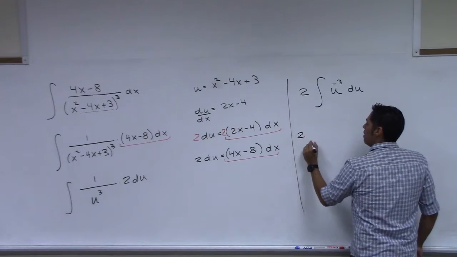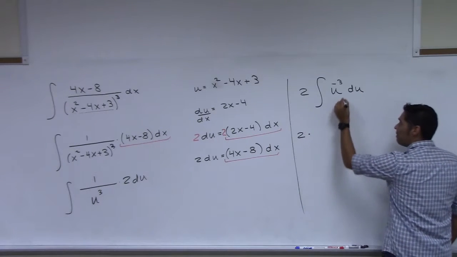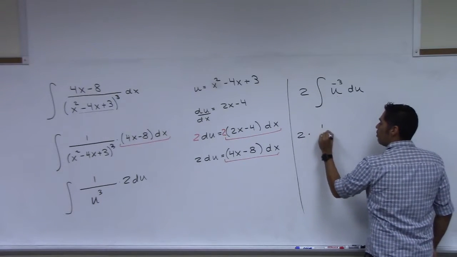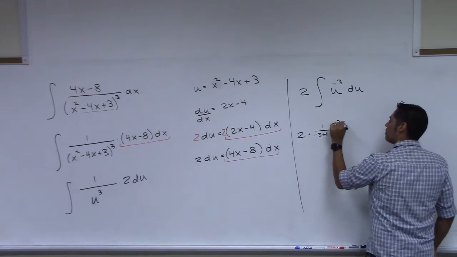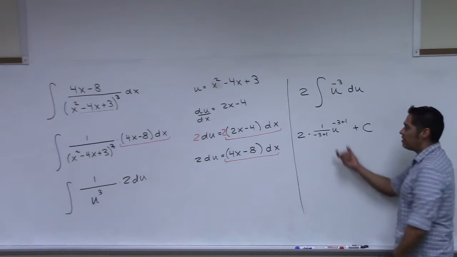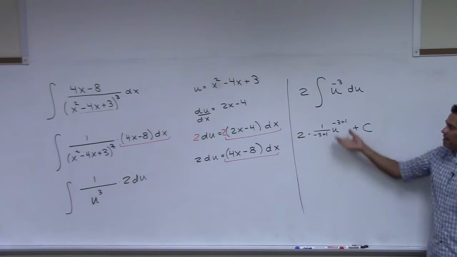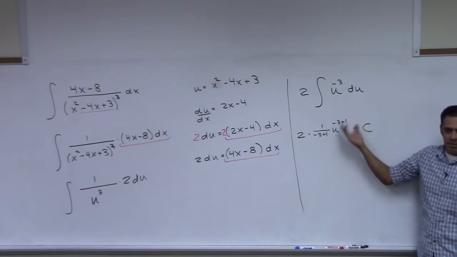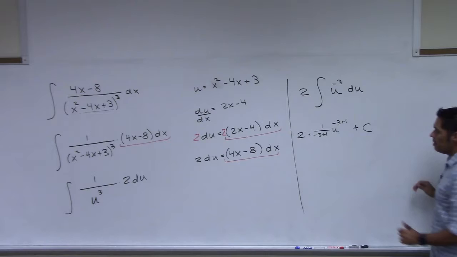So 2, now no more integral sign because I'm taking the antiderivative. According to the formula, it'll be 1 over negative 3 plus 1, u to the negative 3 plus 1, plus c. That's the formula from last class, right? You see how you got to know how to do the power rule, or else you can't do this problem. You still need that from last time.